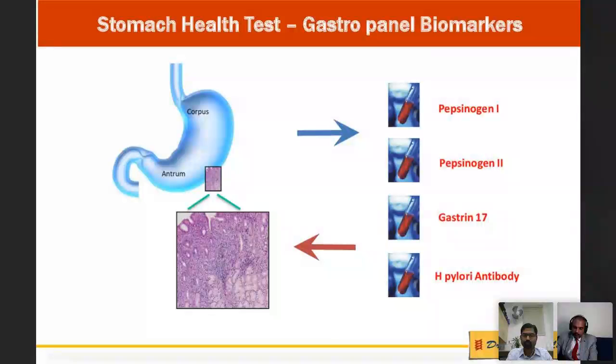Pepsinogen 2 is a marker of inflammation. Gastrin 17 has a positive and a negative feedback mechanism over gastric acid secretion, so it can help us know about acid dysfunction and reflux diseases. And H. pylori IgG antibodies are historically used as a serological marker for recent or ongoing H. pylori infection.